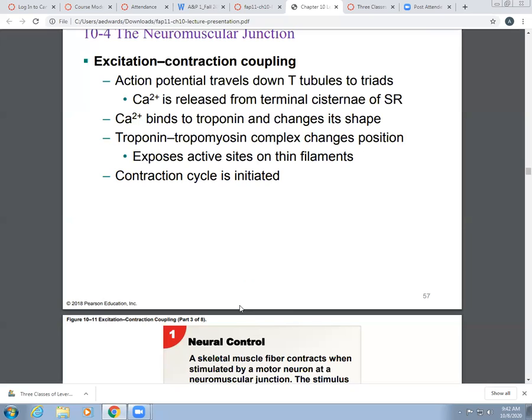Now, there's something called a troponin-tropomyosin complex, and it's going to move or change position when that calcium ion binds to the troponin. And when that happens, active sites on the thin filaments, your actin, get exposed, and that initiates the contraction cycle. So first you have to have excitation, and that excitation leads to contraction, okay? So it's getting the muscle fiber ready to contract.